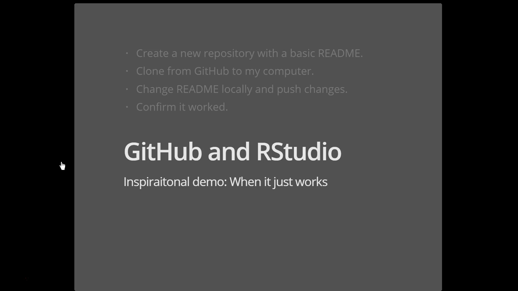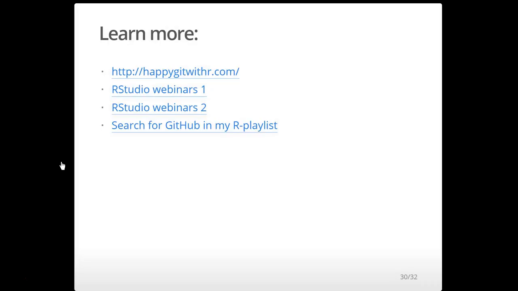So I'm going to give you resources to do all that. So if after this inspirational example you feel that yes, I should do this, particularly I'm interested in connecting RStudio with GitHub, then there are some resources you can use.